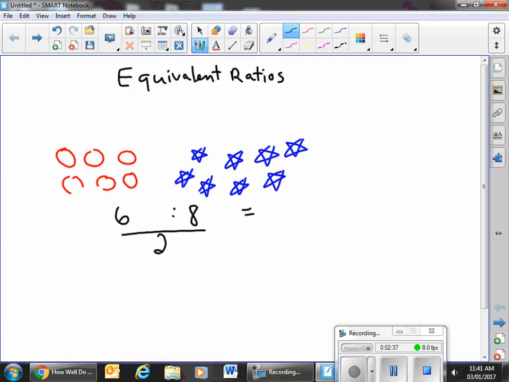Okay? 6 divided by 2 would be 3. 8 divided by 2 would be 4. So we can say that 6 to 8 is an equivalent fraction to 3 to 4. Or, sorry, an equivalent ratio. Okay, so finding equivalent ratios is the exact same way as we find equivalent fractions.